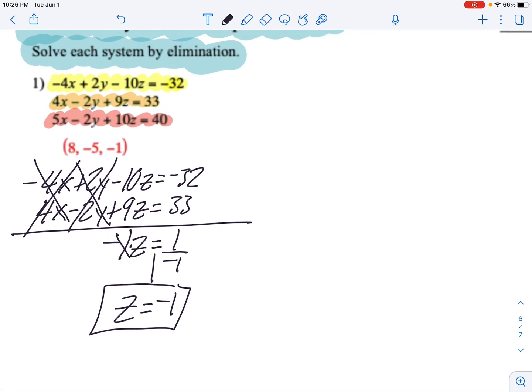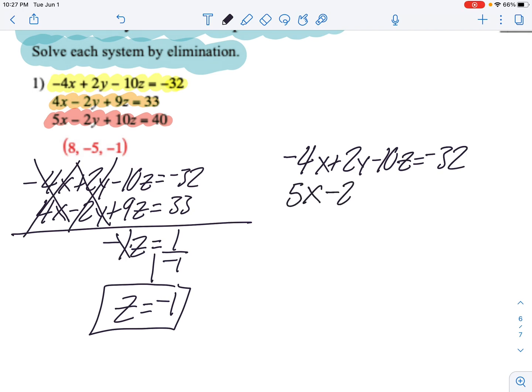Now I'm going to pick yellow and red. So step 2 is negative 4x plus 2y minus 10z is equal to negative 32. And red is 5x minus 2y plus 10z is equal to 40.